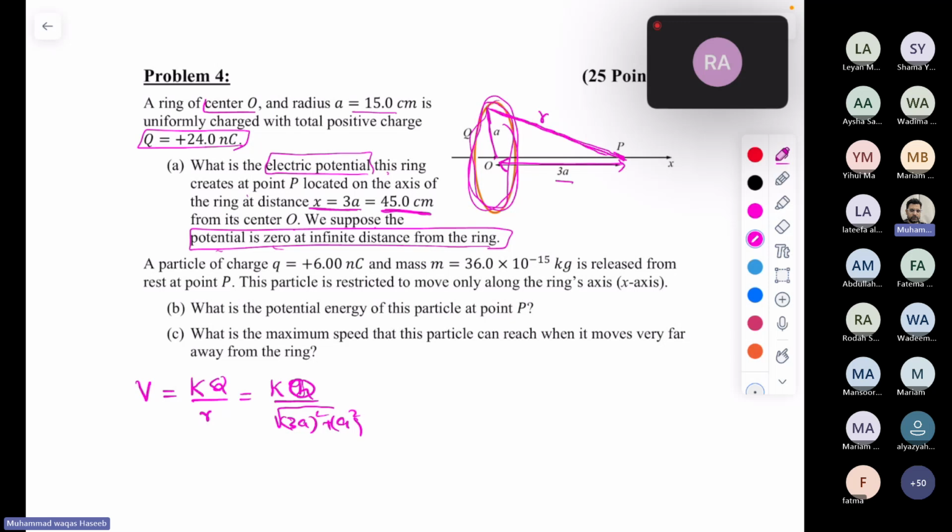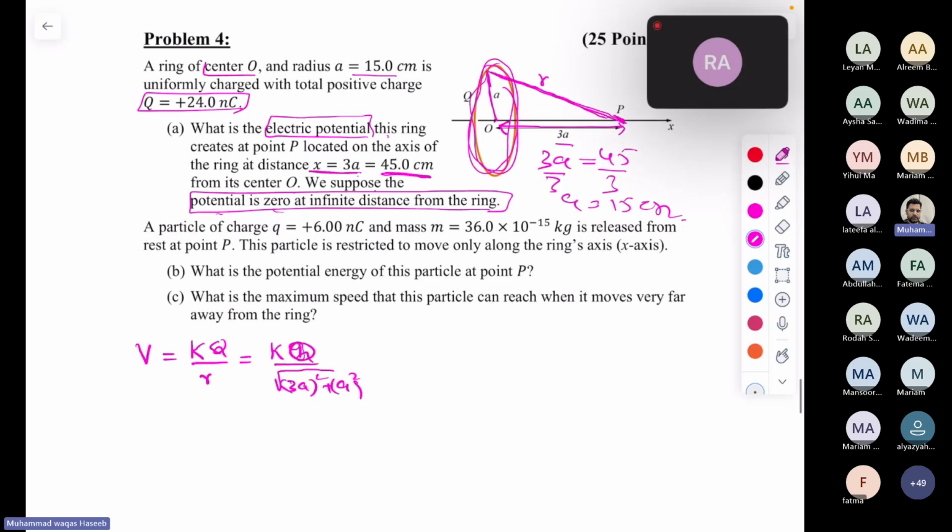Okay, and we have given this x equals 3a. So 3a is equal to 45, so a is equal to 15 centimeters.